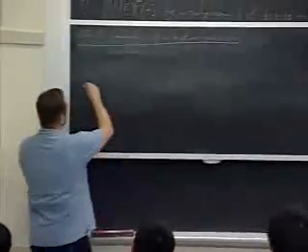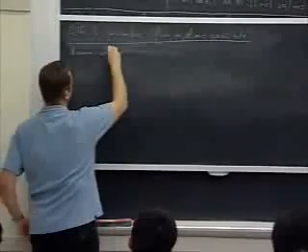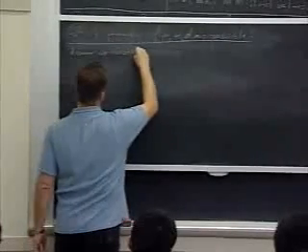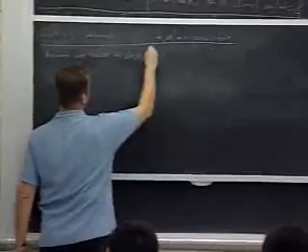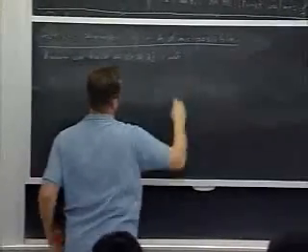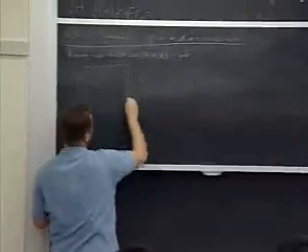Let's assume we have an (n, k, d) code. What does that mean? Well, let's write the code words all down in a huge matrix.